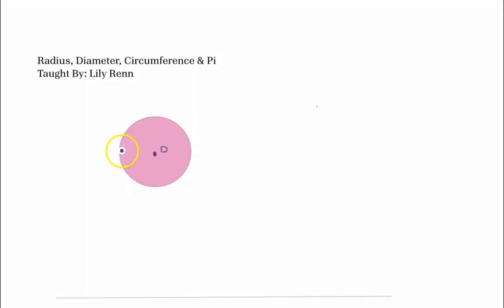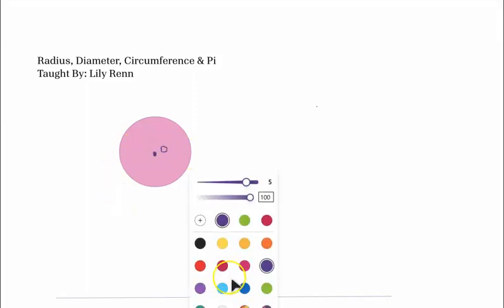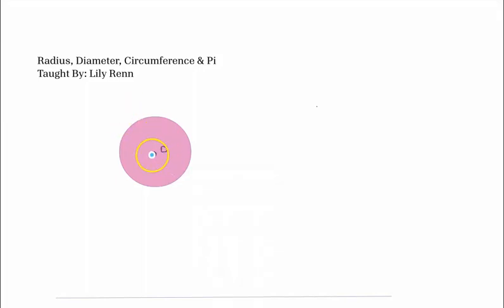It's an ugly O, sorry. And we're going to draw a line right here from the center to the edge. This line right here we're going to call the radius. So let's write that out.